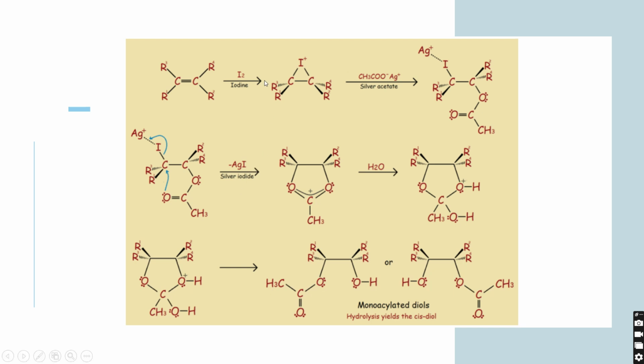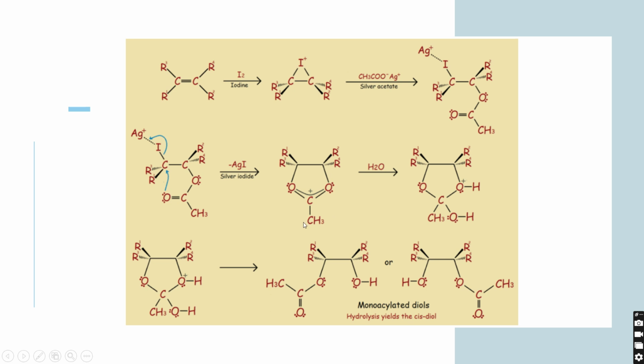At first, iodination will happen for the carbon-carbon double bond, and we get an iodinium intermediate of this type. This iodinium is opened up by the acetate coming from silver acetate, and we get this carbon iodide bond breakage to get this acetate intermediate. Now this acetate intermediate will undergo ring closing, where silver iodide is knocked out as the byproduct.